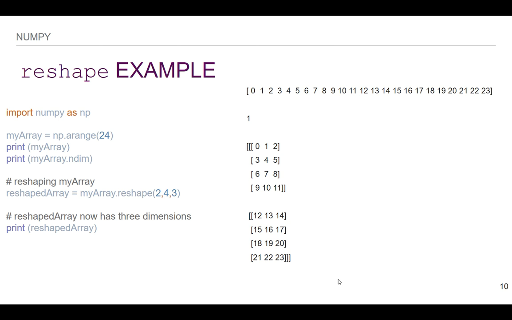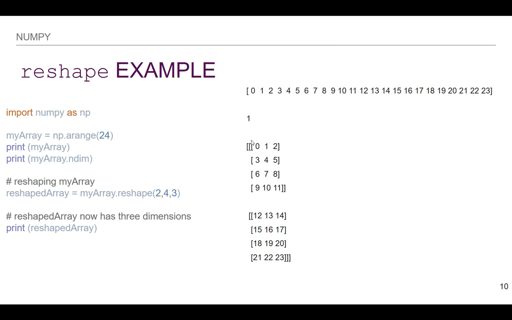And here's a reshape example. We have an array with 24 elements, and the dimension is 1. Then we reshape it to a 2, 4, 3 array.